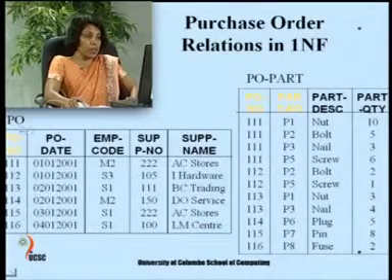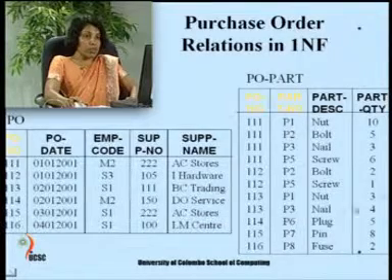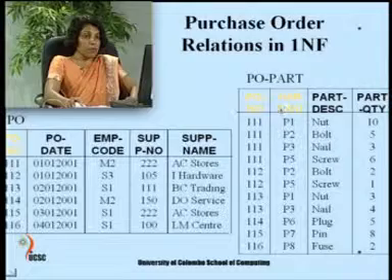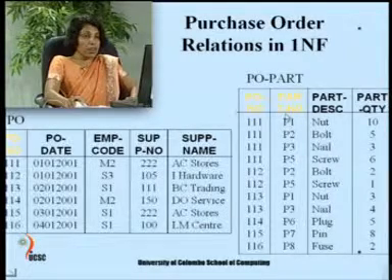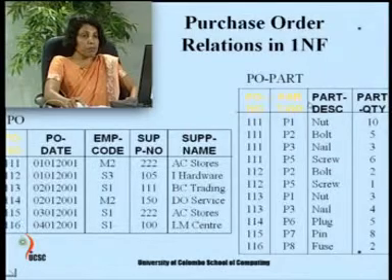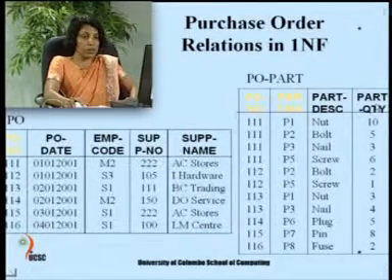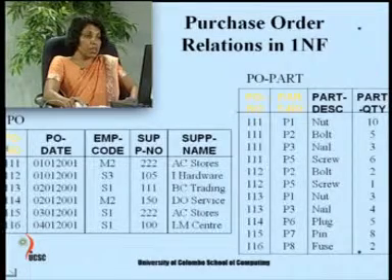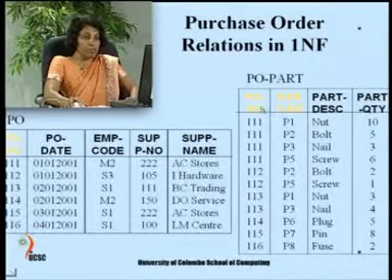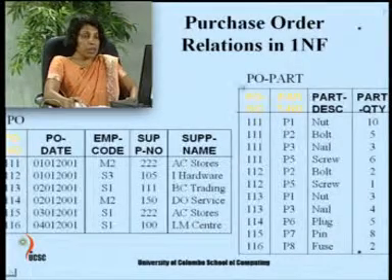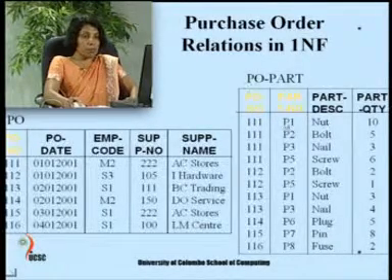So, you can see there is a purchase order relation, and there is another relation called purchase order part. Here you can see that we have taken the repeating group out, that is part number, part description and part quantity, and that has been associated with the primary key of the original relation, and then here we determine the primary key.